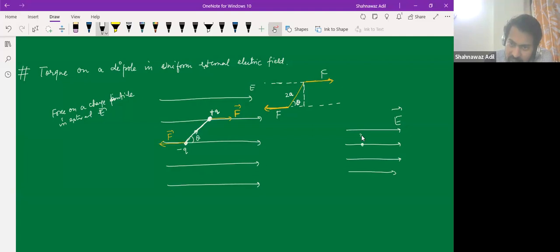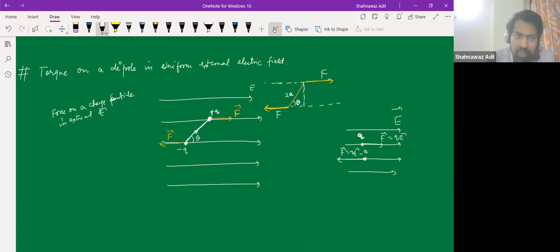This positive charge will experience some force in this direction. If you put a negative charge, it will experience a force in this direction. Do you remember this force on a charged particle in an external field? Can you recall this?